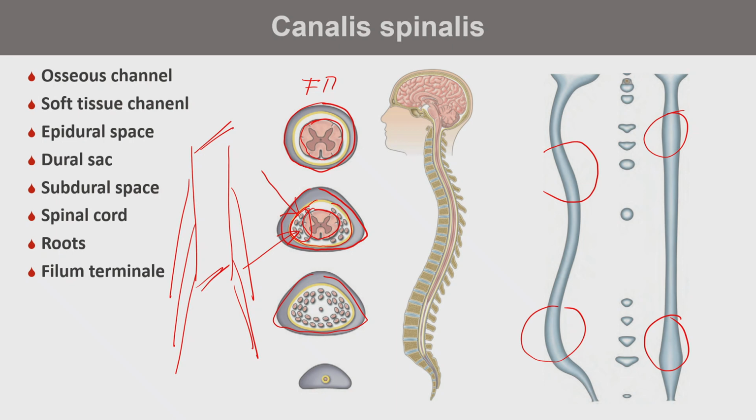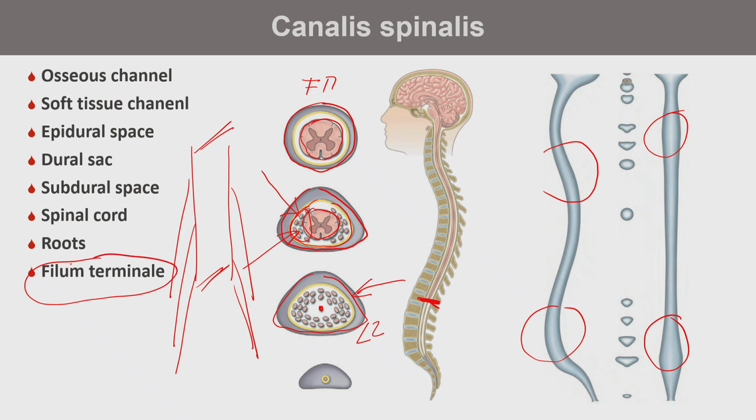The lower we go, the more structures we have here, and at the stop of the spinal cord, at the level of L2, we have here no structure which is corresponding to spinal cord, but there is some remnant in the middle, which is called filum terminale.